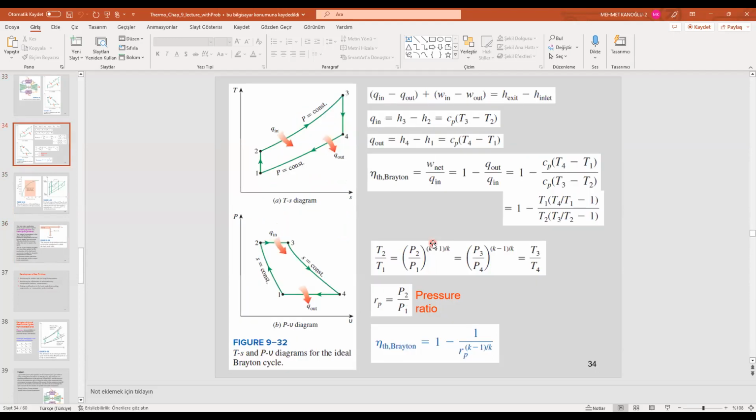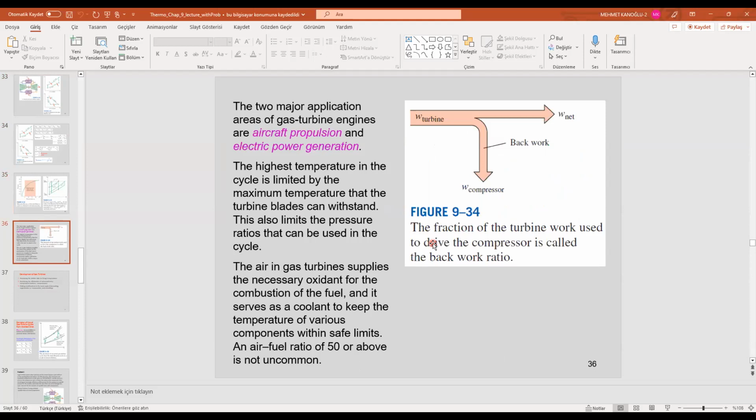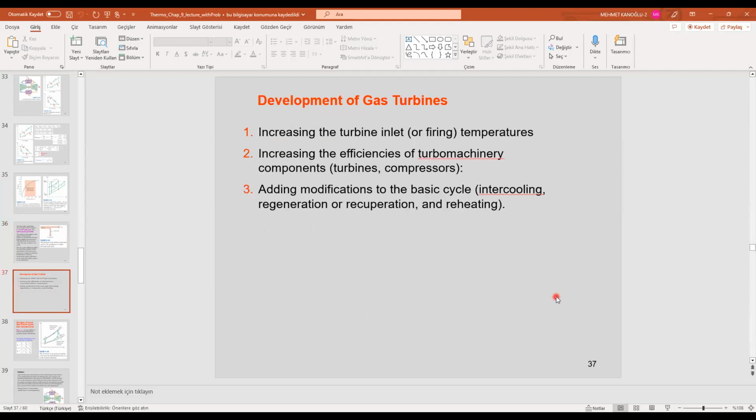As a result, we have a definition called back work ratio, which is equal to compressor work divided by turbine work.